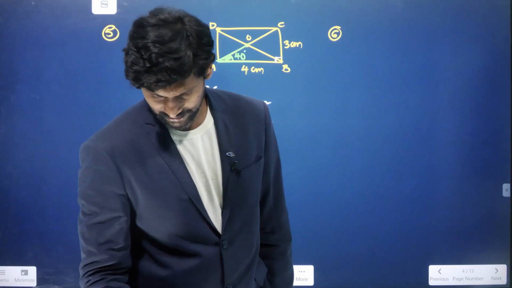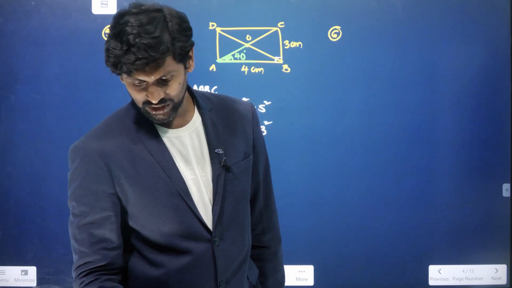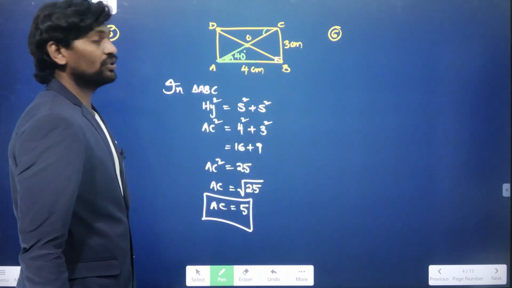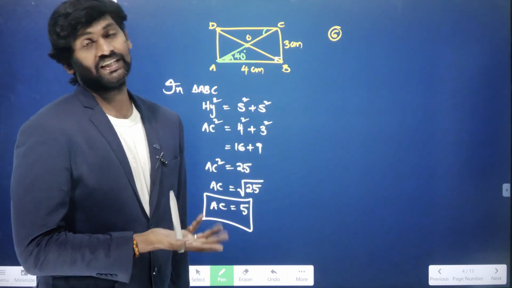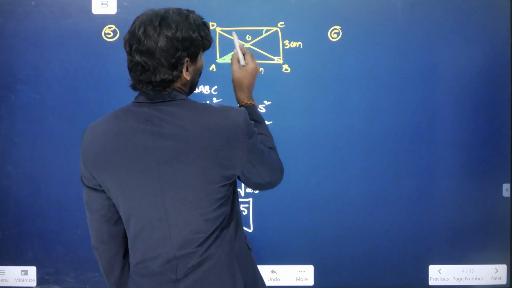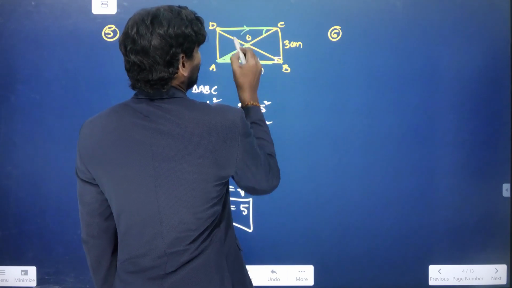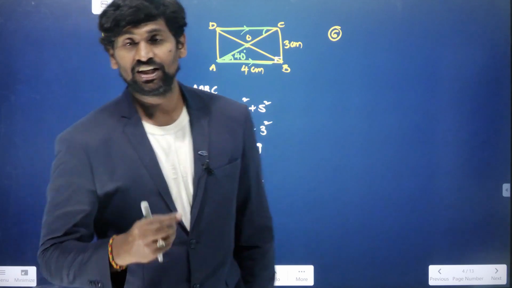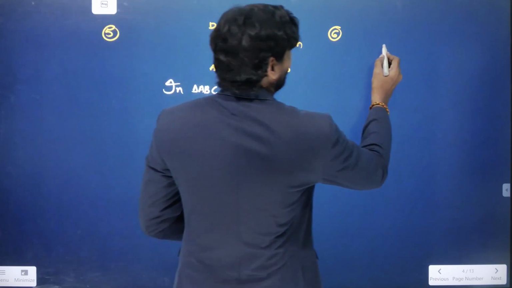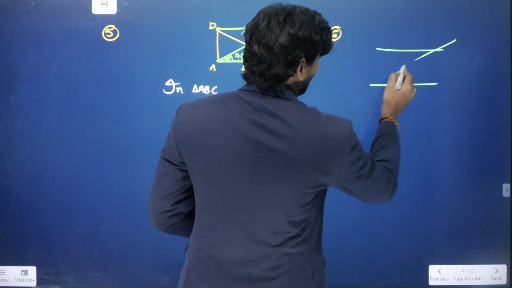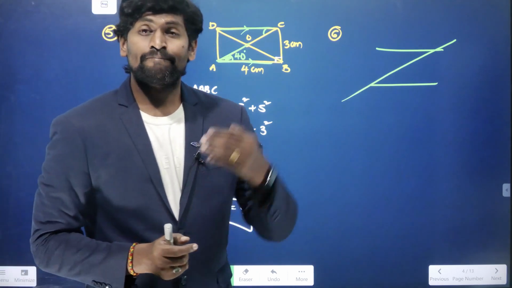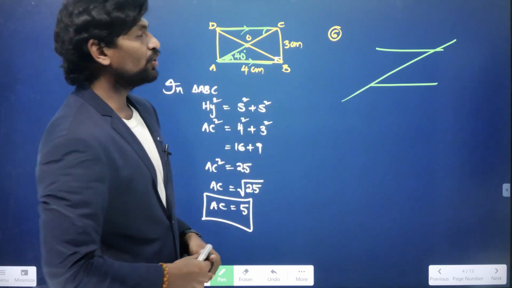Okay. And the OCD value we need to find. So OCD is also 40 degrees, we can say directly, because AB and CD are parallel. In a rectangle, opposite sides are equal and also parallel. If you take the parallel lines like this, the diagonal will be the transversal. We have already discussed that alternate interior angles are equal for parallel lines.